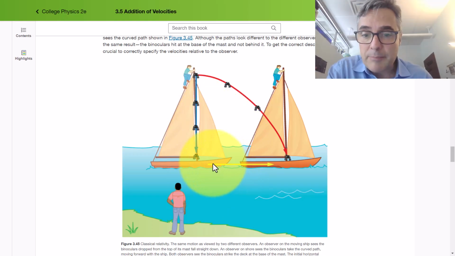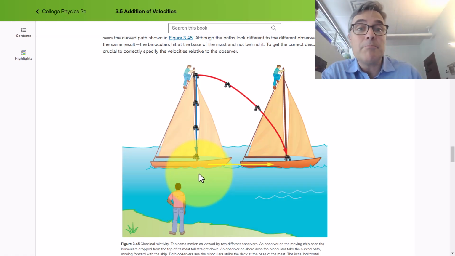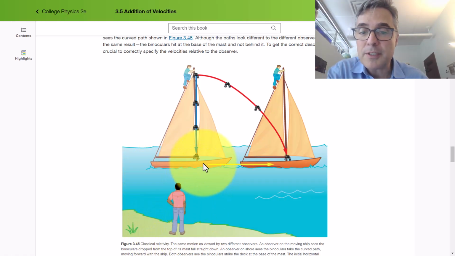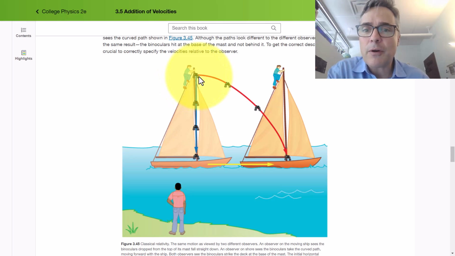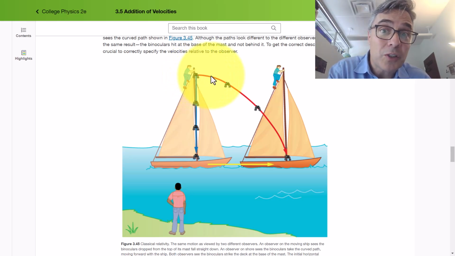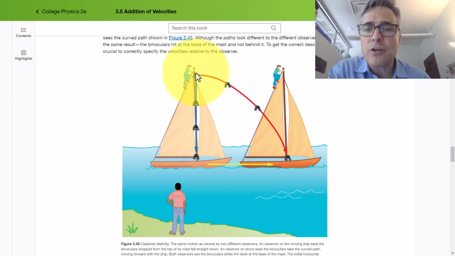So, for example, if there is a person on a boat and you think of him in his reference frame, he drops the binoculars and they fall straight down in his reference frame to the bottom of the boat. But the boat might be moving relative to the ground, and then the laws of physics for the binoculars are the same.